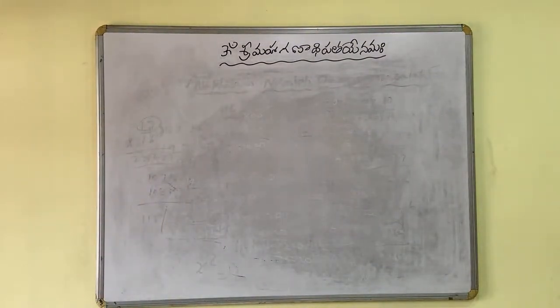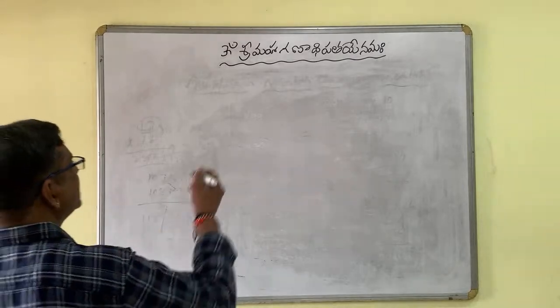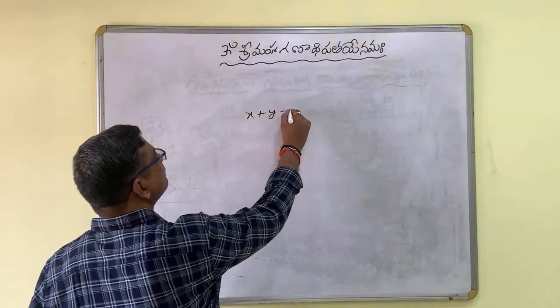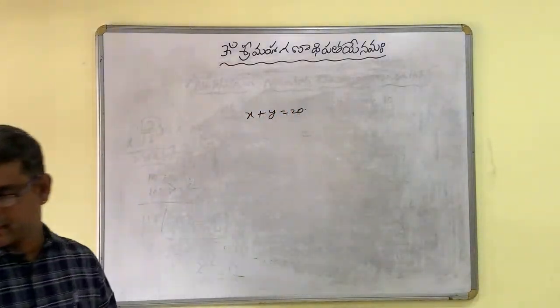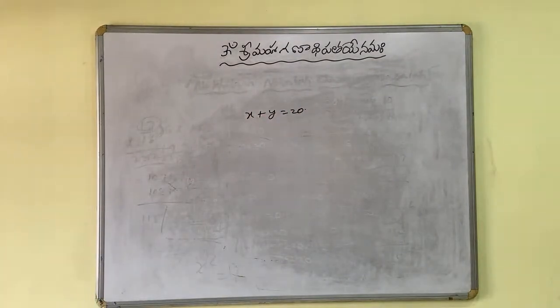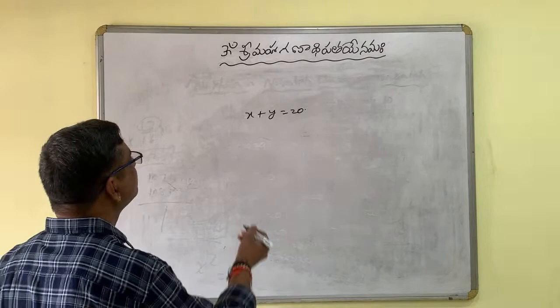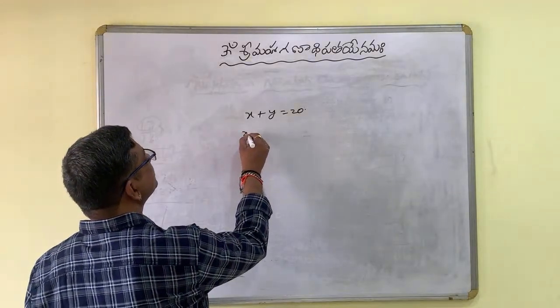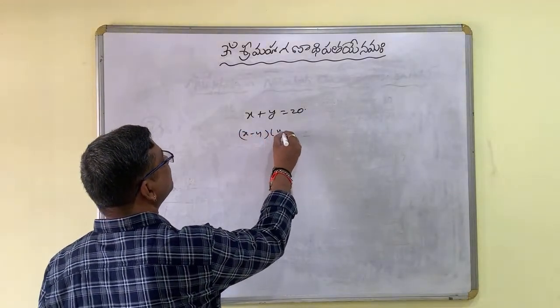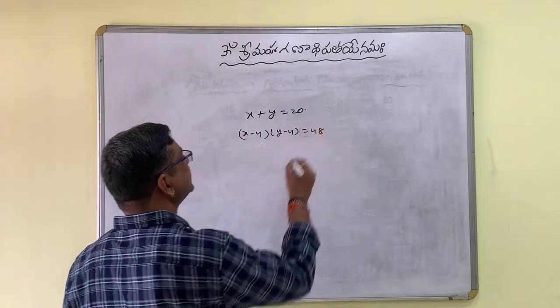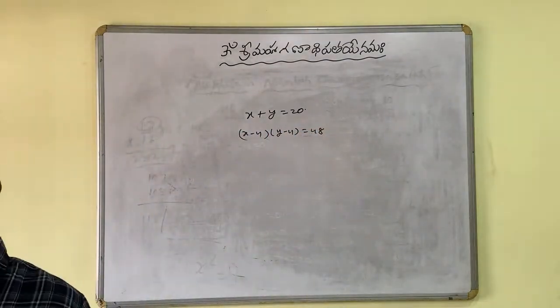The sum of the ages of two friends is 20 years. Let it be x plus y is equal to 20. Four years ago, the product of their ages is 48. That means x minus 4 into y minus 4 is equal to 48.